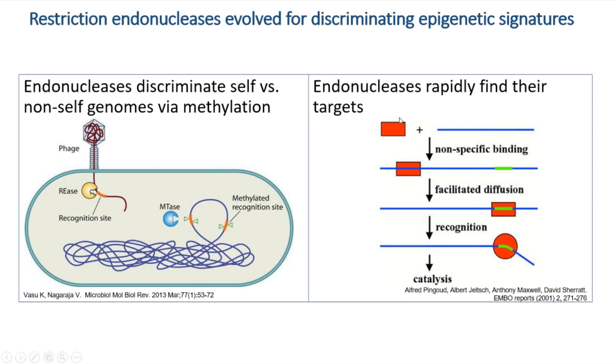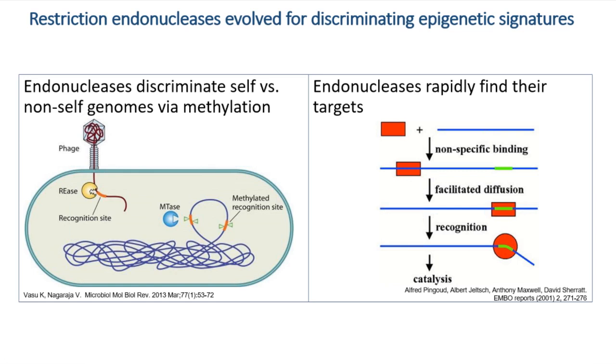So endonucleases are also very quick to load onto DNA non-specifically, track along the DNA by facilitated diffusion, and when they recognize their site, they kink it, exposing the phosphodiester bond and allowing catalysis to digest and essentially break the DNA strand.